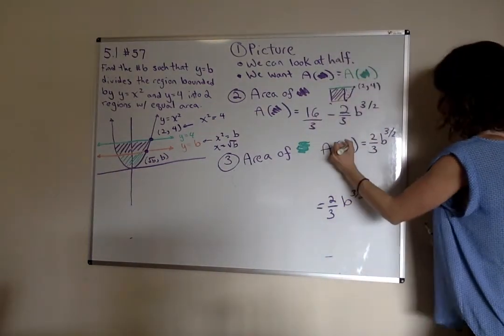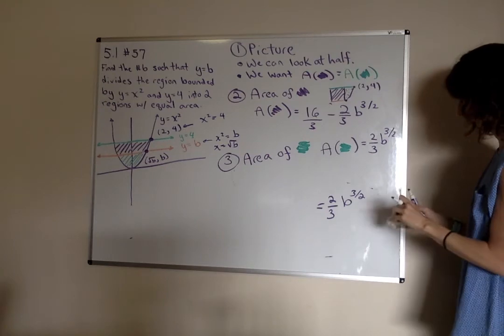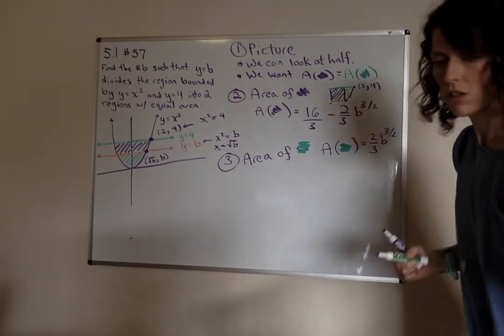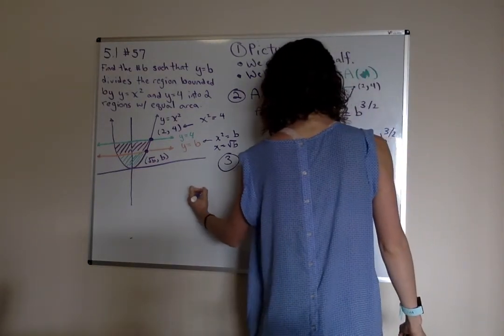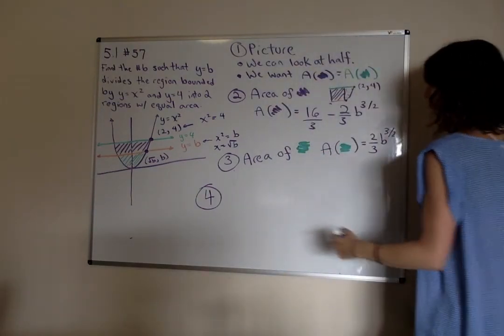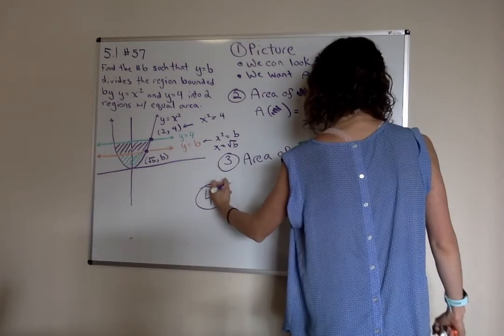Grab my green pen. All right. So the third step for solving this problem is to set the two areas equal to each other. When I said third step, I meant fourth step. So I'm setting area purple equal to area green.